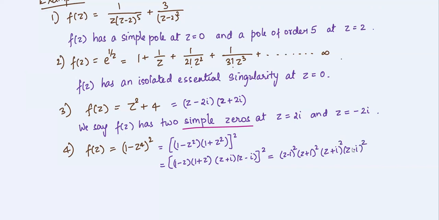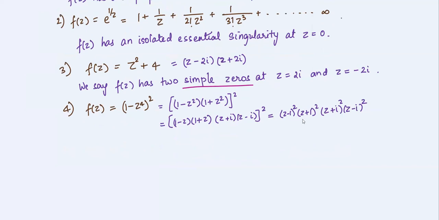Now each of the factors can be equated to 0 and twice they give 0. There are two factors, right?